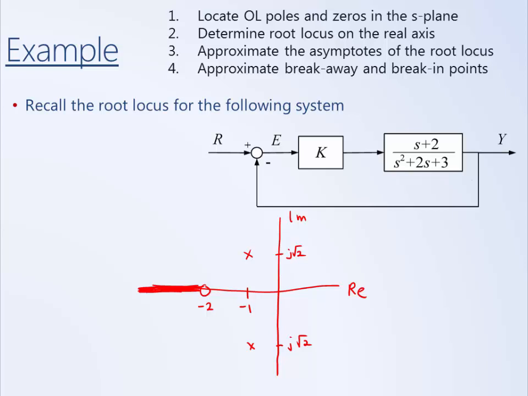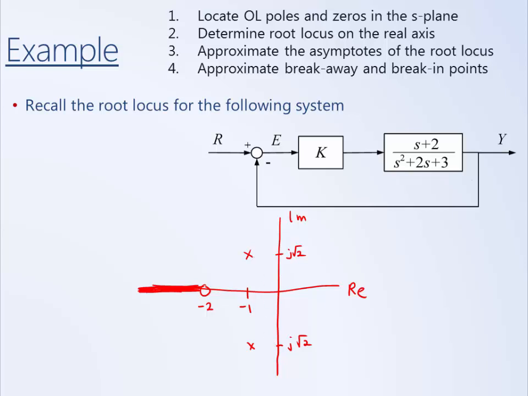Step 3 is to approximate the asymptotes of the root locus. And so if you recall, all branches start at open loop poles and end at open loop zeros. So one of our branches will start at an open loop pole and end at an open loop zero. However, we have more open loop poles than open loop zeros.